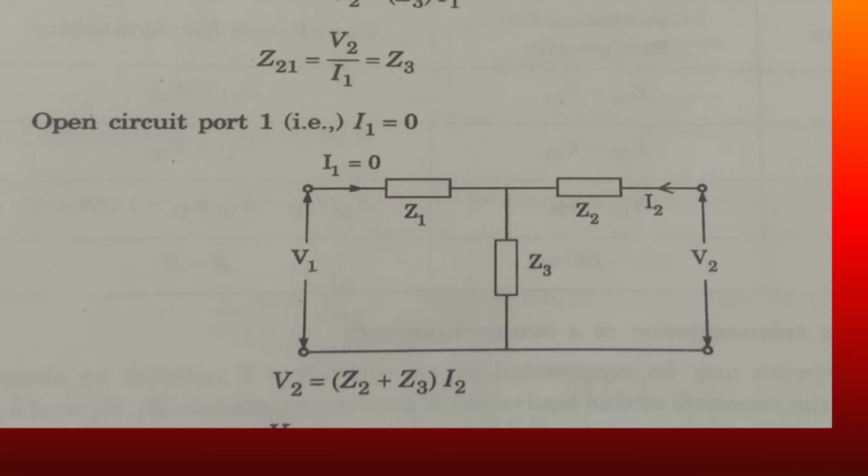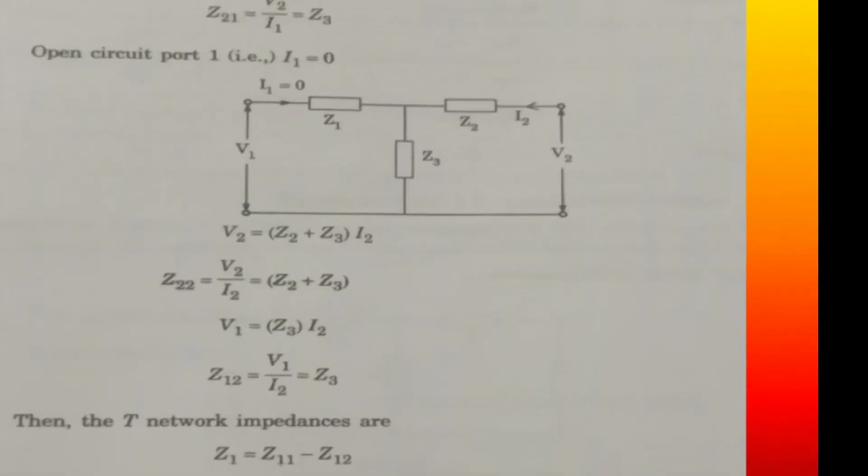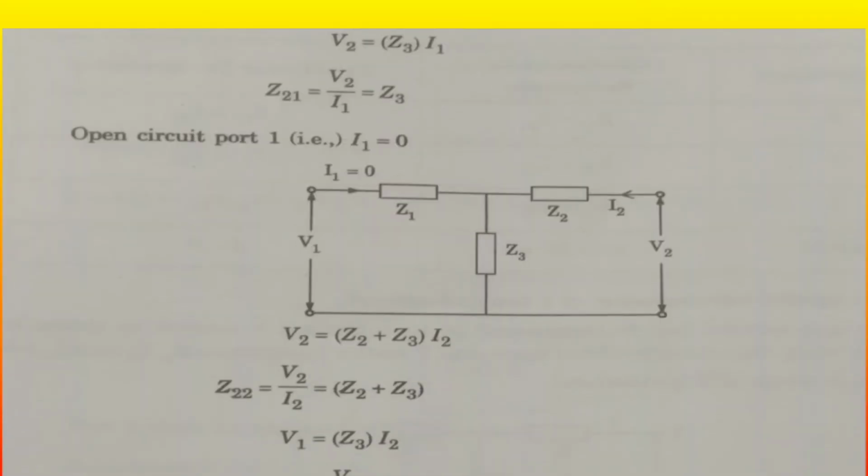So Z22 can be expressed as V2 by I2, that is equal to Z2 plus Z3 into I2. When you take I2 downstairs, we get Z22 equal to Z3 plus Z2.